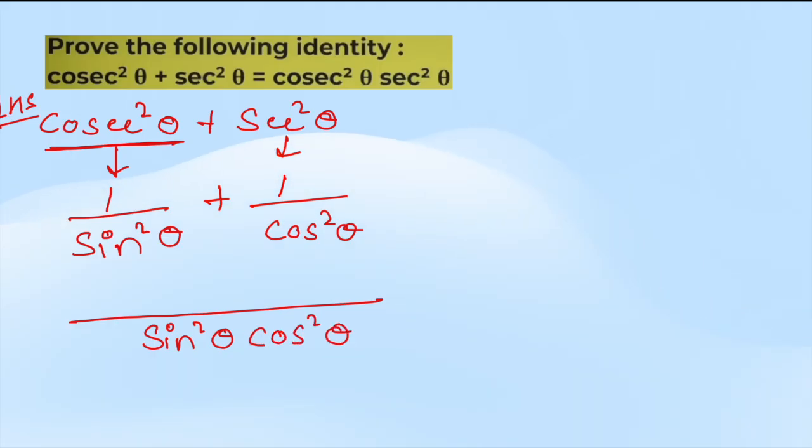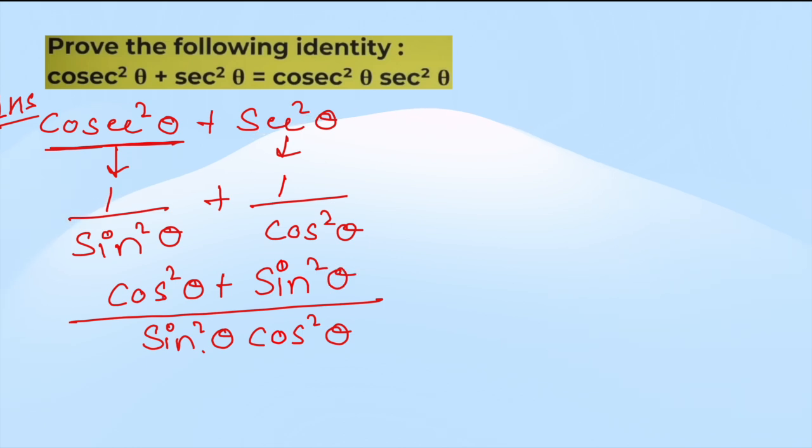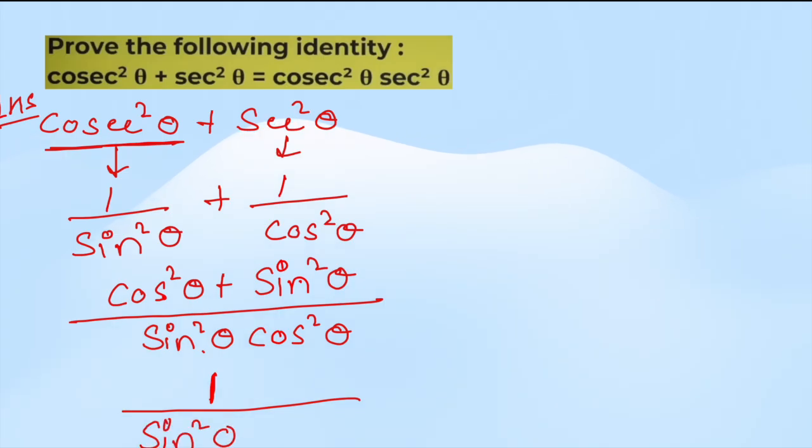So for sine square theta, I will have cos square theta in the numerator. And for cos square theta, I will have sine square theta in the numerator. Sine square theta plus cos square theta is 1. So it is 1 by sine square theta, cos square theta.